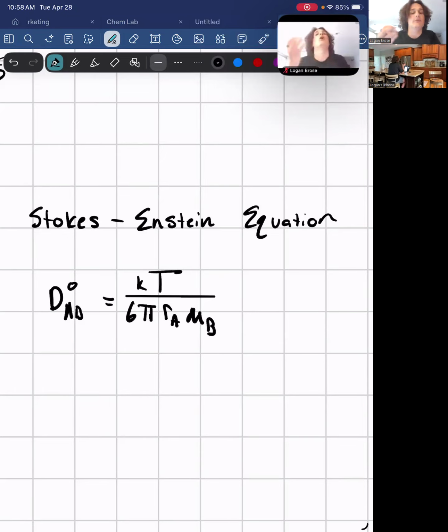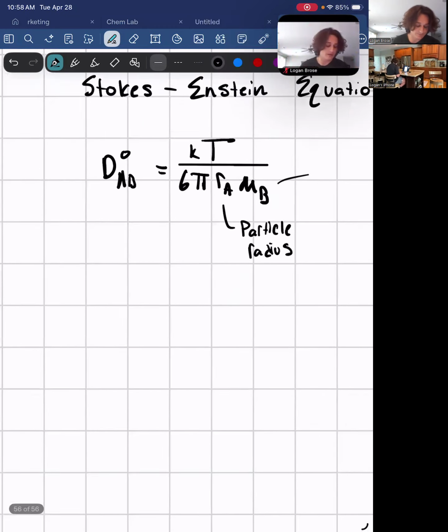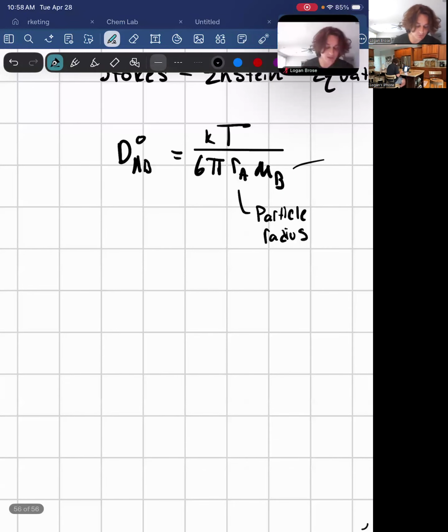And R_A is going to be our particle radius, and mu_B is just our viscosity of B. This doesn't always work, or we don't always know everything here. And so what we can do is use the Vignes equation, I don't know if I said that right.